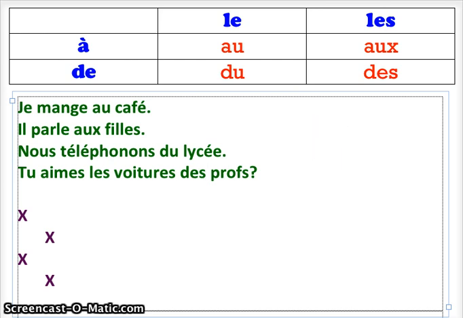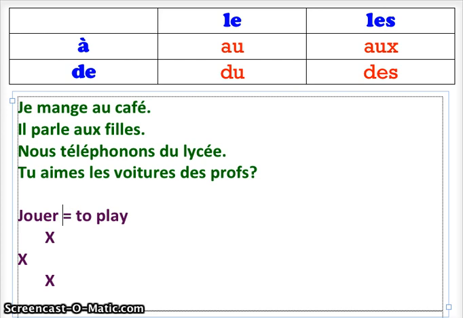Now there is one other of our vocabulary words I want you to be aware of that often takes a contraction, and here's why. The verb is jouer, which means to play. But the verb jouer is often followed by a contraction, and here's why.